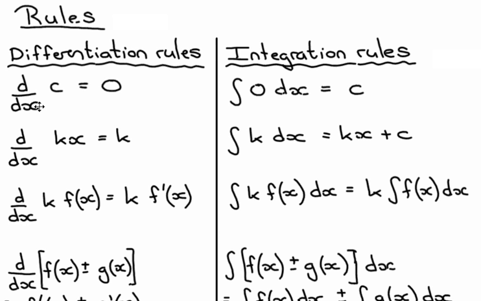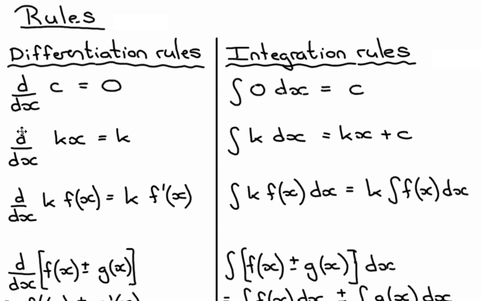Here we're just working with x, just for simplicity's sake. So the derivative of a constant is 0. So remember, integration is the inverse operation. It goes the other way around. So if I want the integral of 0, again, don't forget your dx, is equal to a constant. When we go backwards, I start with 0, I go to the constant.